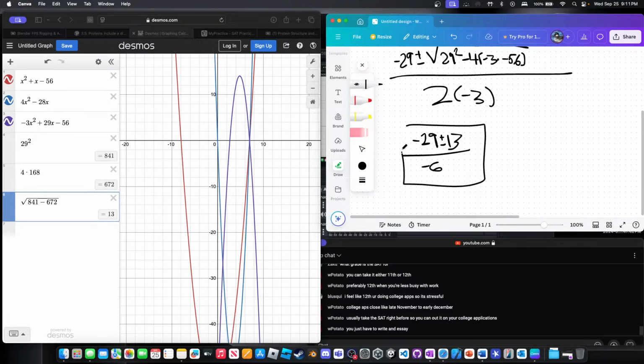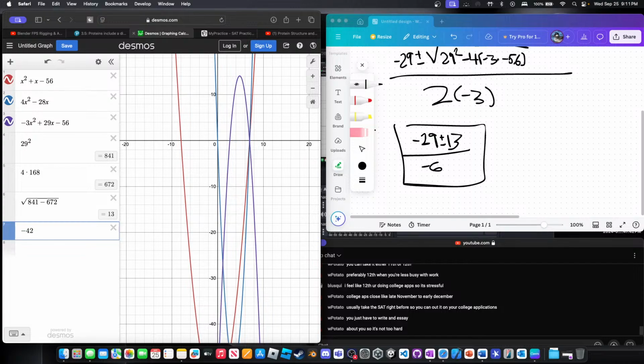That is what I got, and I'm trying to solve for the rest. So I'm going to do addition first. Negative 42 over 6. It's a negative 7. That's weird.